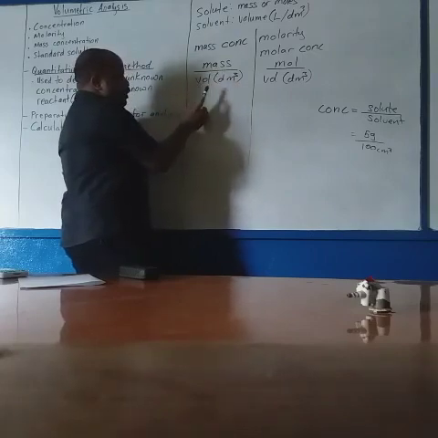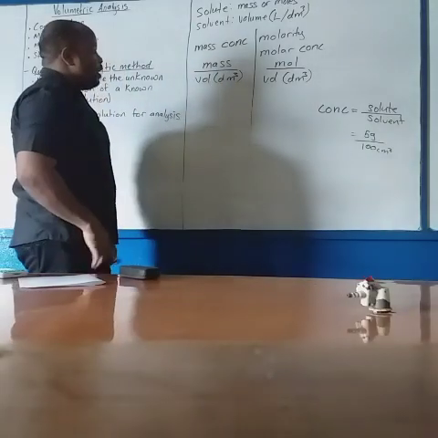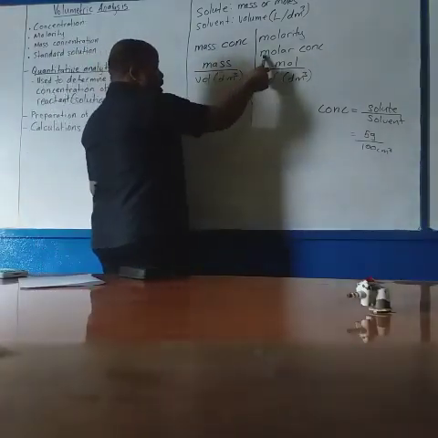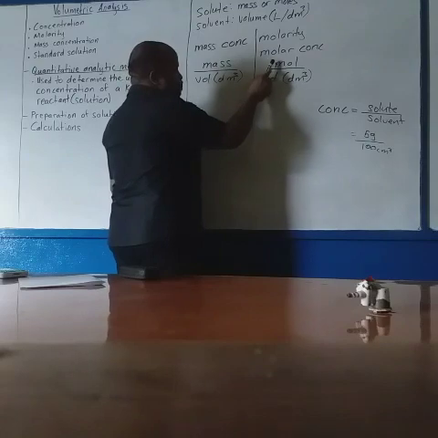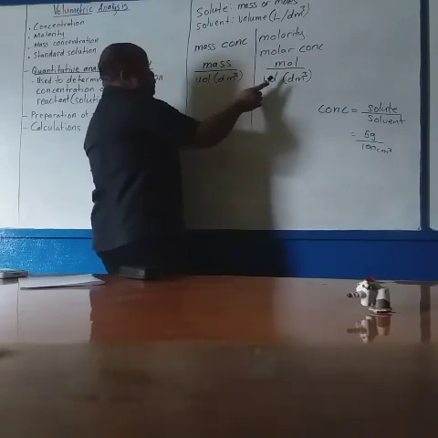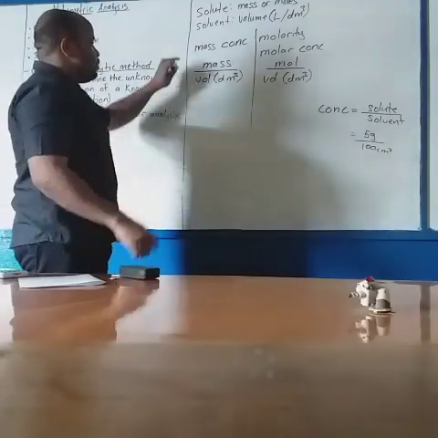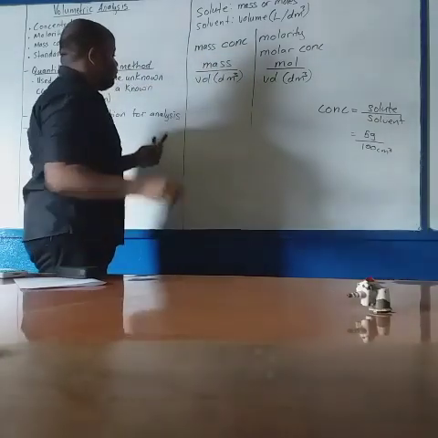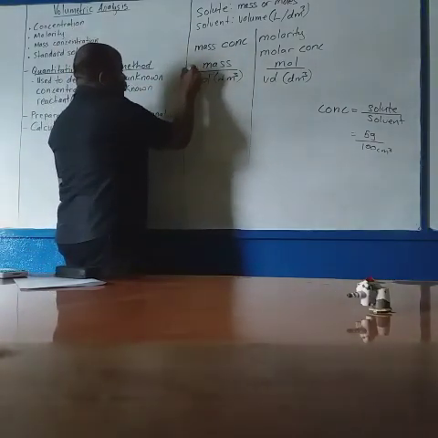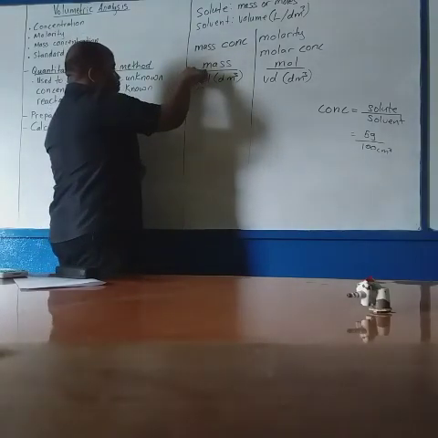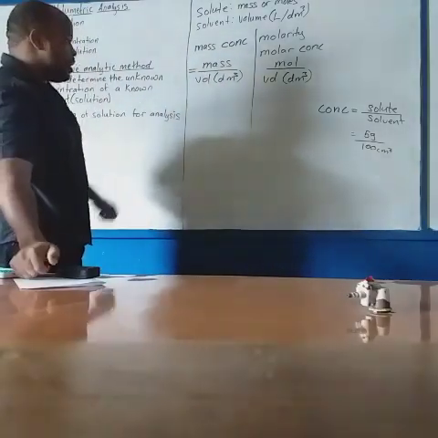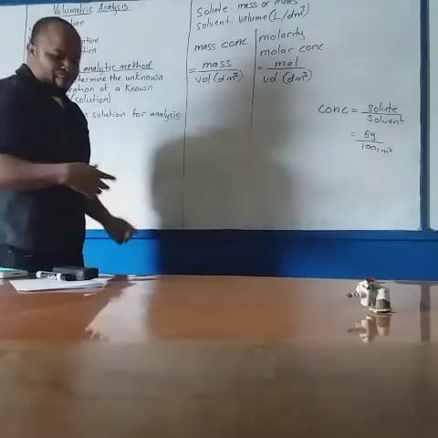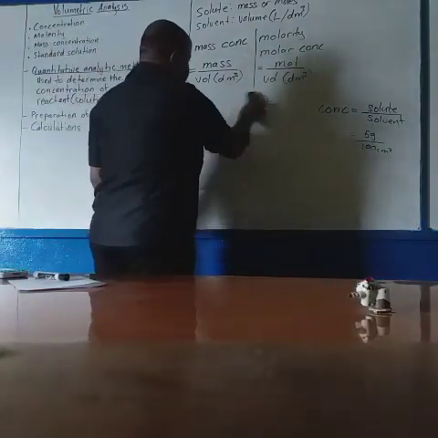The volume must be in dm cube. If you are asked to find the molarity of the solution or the molar concentration, you will need to find the moles and put it over the volume of the solution. So this is where we are now. Mass concentration is equal to mass over volume, and molar concentration is equal to mole over volume. So let's work some examples.